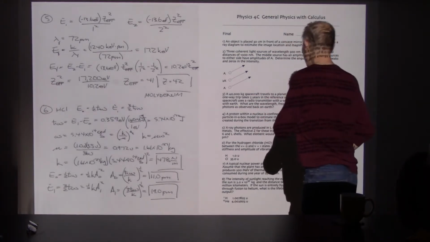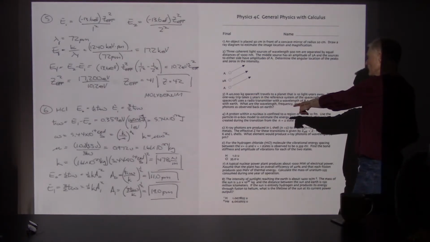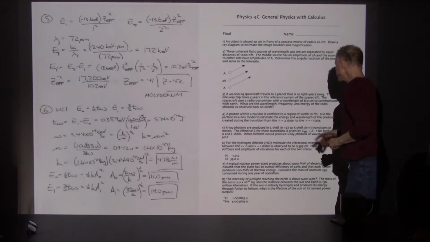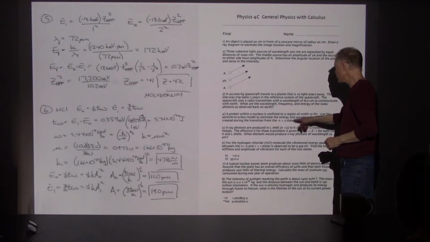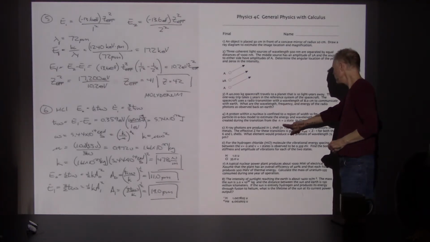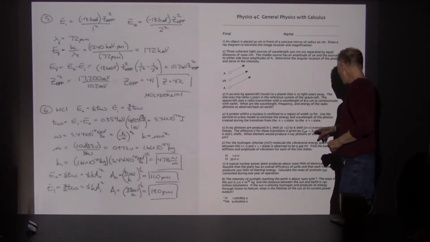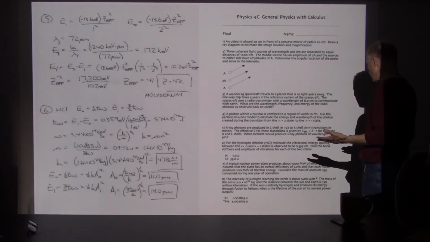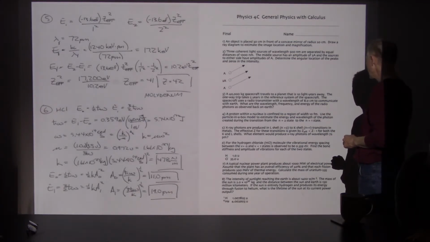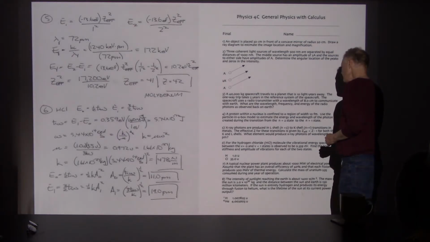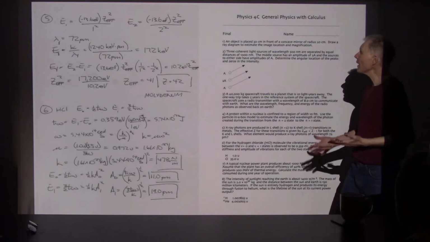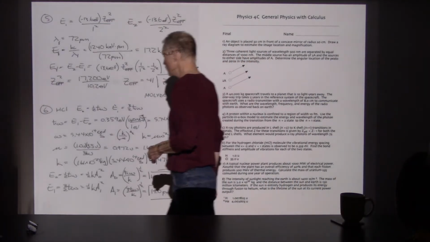So moving on to problem 5 is looking at X-rays produced in transitions of electrons, not protons anymore. Now we're looking at electrons from state 2 to state 1 in metals, and they don't tell us which metal we're looking at. They do tell us that in this metal, the X-ray photons being produced have a wavelength of 72 picometers.